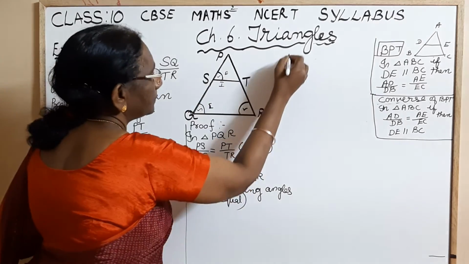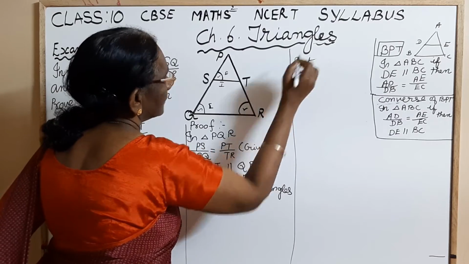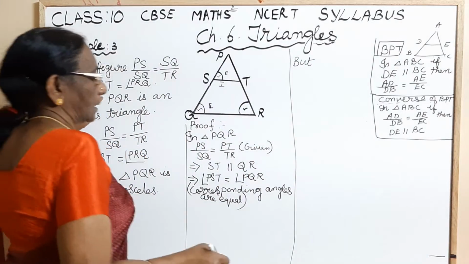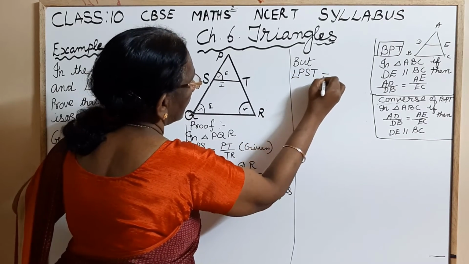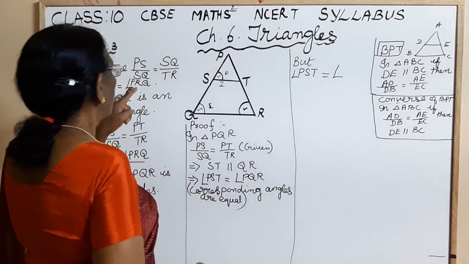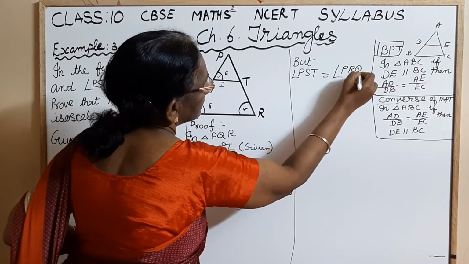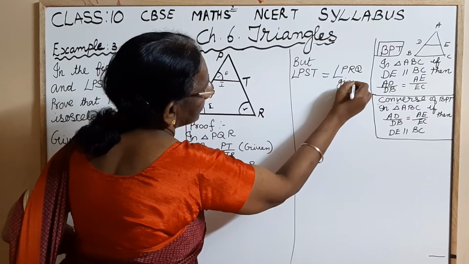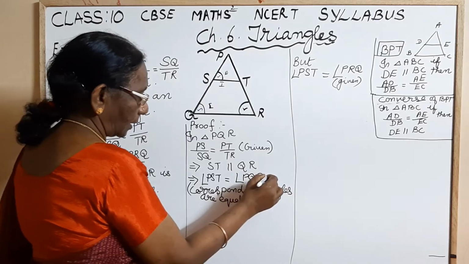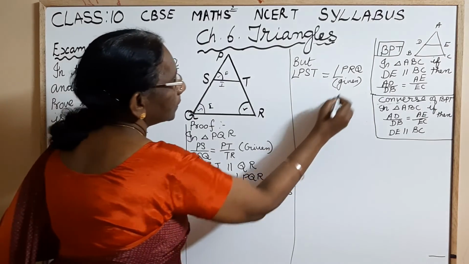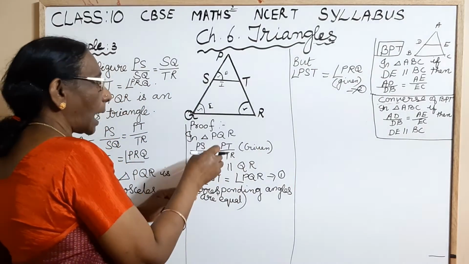Is it clear? Now next step. What is given? Angle PST is equal to angle PRQ. This is given in the question. So now let us compare. You name this as 1. You name this as 2. Compare 1 and 2.